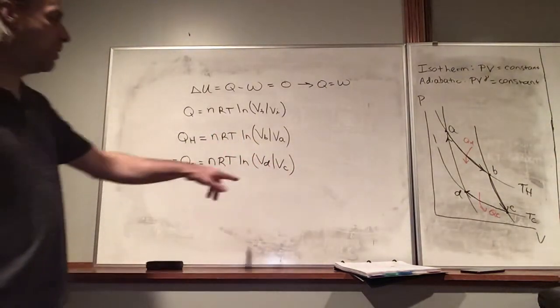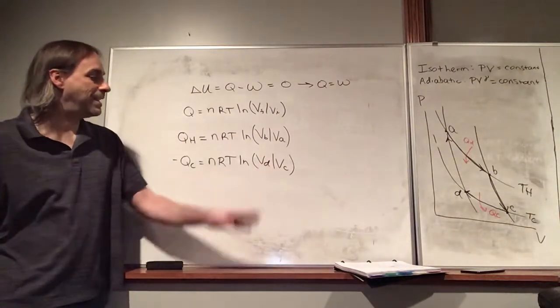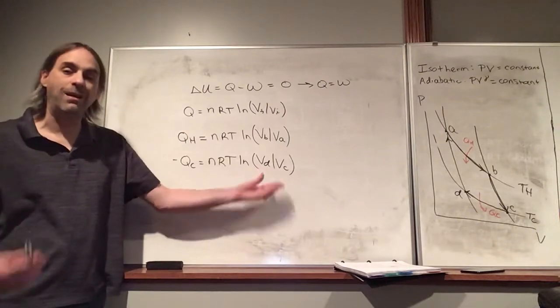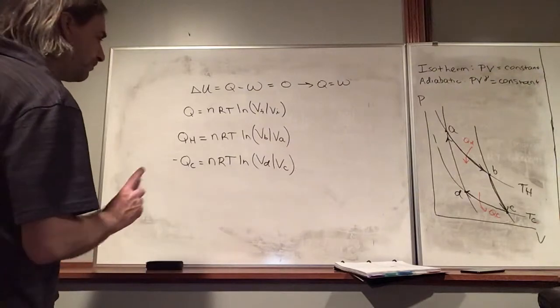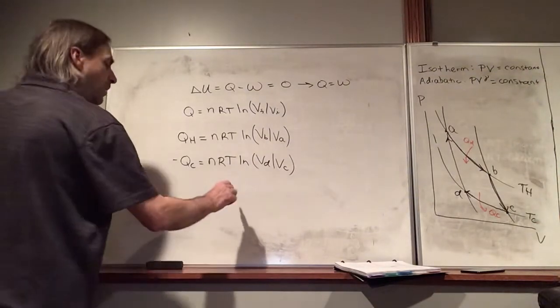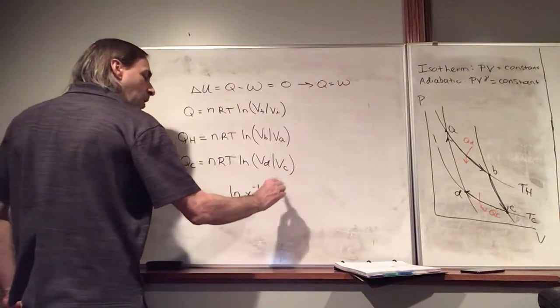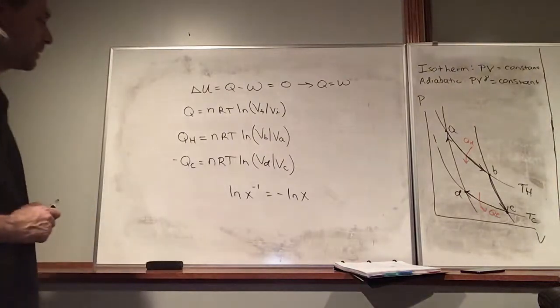However, this is going to be a negative number because Vd is less than Vc, so we're taking the natural logarithm of something that is less than 1. So what I'm going to do, let's look at this. If we have natural log of, say, x to the minus 1, that's minus the natural log of x.